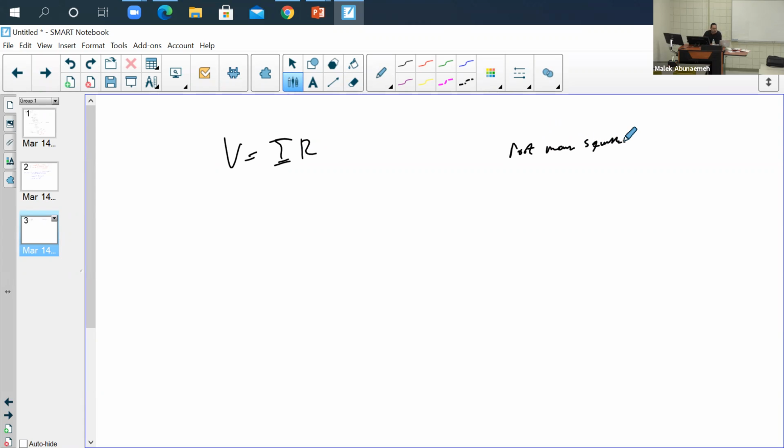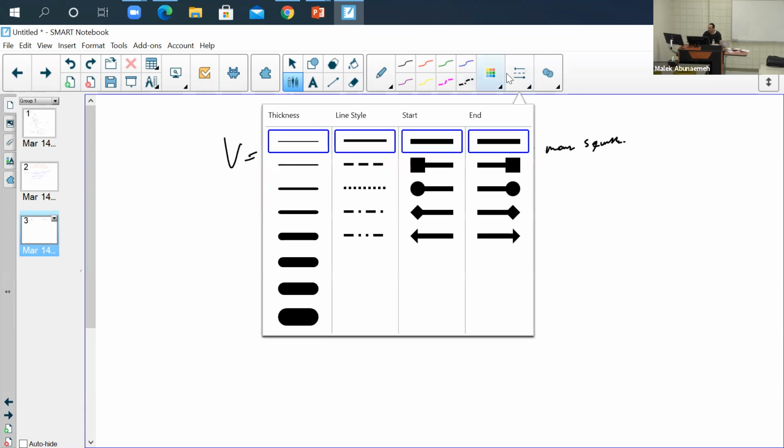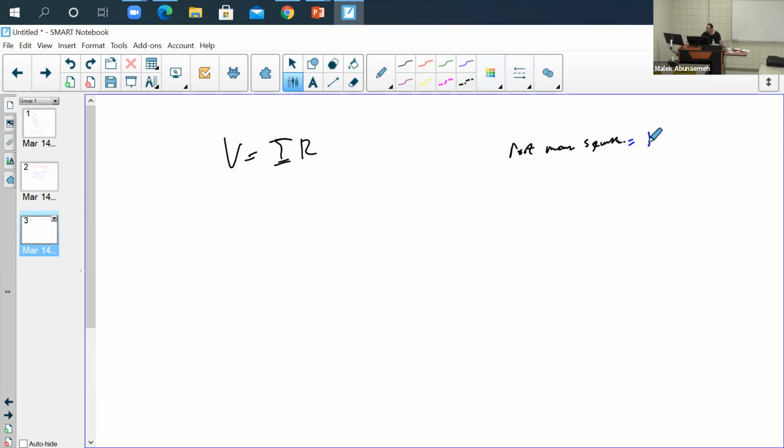I'm not going to go too much into the definition of that, but it is defined as the square root of the mean square, the square root of the average square.